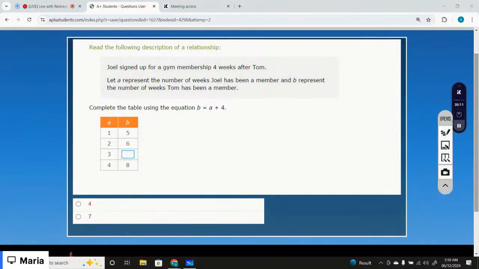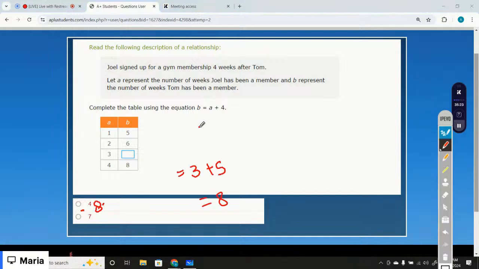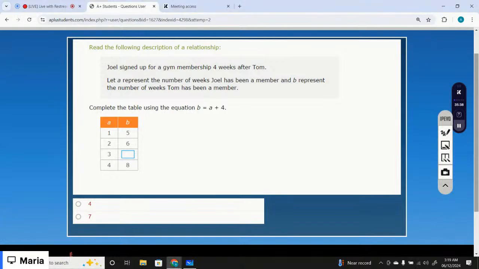Basically, this description defines this relationship B equals A plus 4, right? You need to calculate the value of B when A equals 3. So replace the variable with the value A is 3. That is 3 plus 4. So 3 plus 4 is 7. So the missing value is 7. Option number 2 is the correct option.